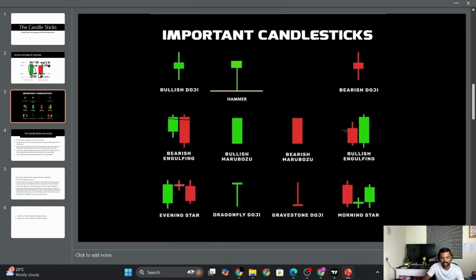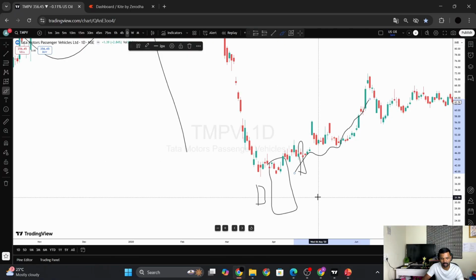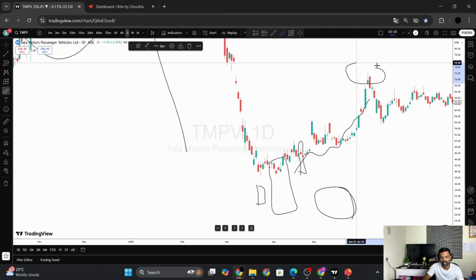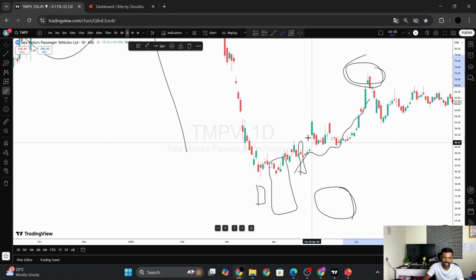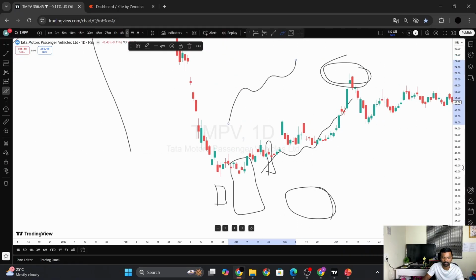Evening star and morning star patterns mostly don't occur that much. Evening star, same guys, should form at the bottom, and morning star should form at the top. If this formed at the top and that formed at the bottom, it is not valid, because the green candle here signals that it is moving up.